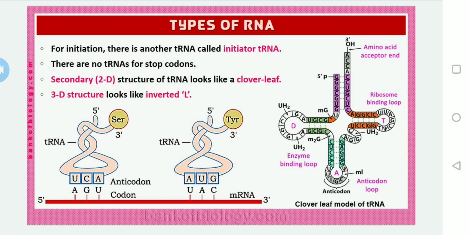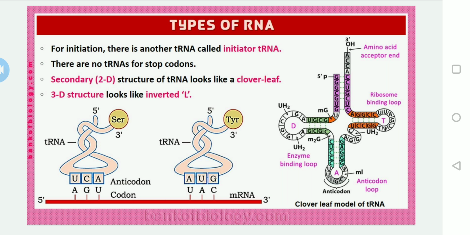Finally, one specific tRNA with the anticodon UAC is called the initiator tRNA, as it carries the amino acid methionine coded by the initiator codon AUG.